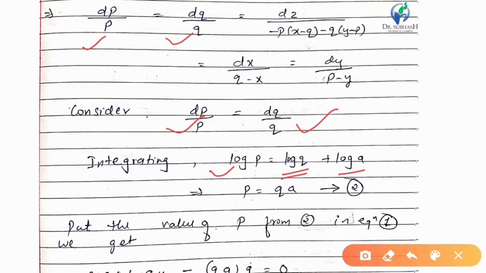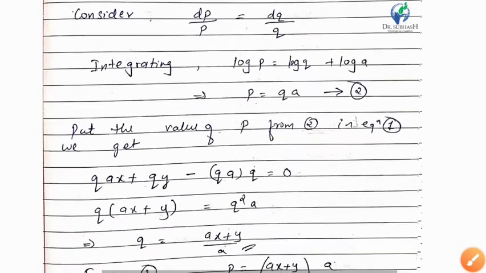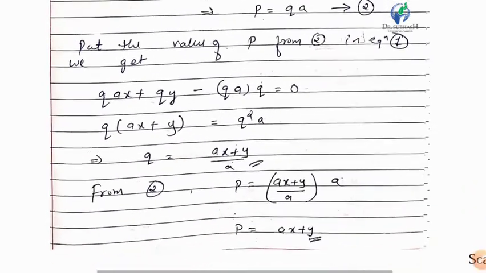Now we know that by the basic rule of logarithm, log a plus log b is equal to log ab. So I get here log p equal to log aq. I will remove the logarithm sign on both sides. So I get p equal to qa. Now p equal to qa, I will put this value in equation 1, that is in the given question. Okay.